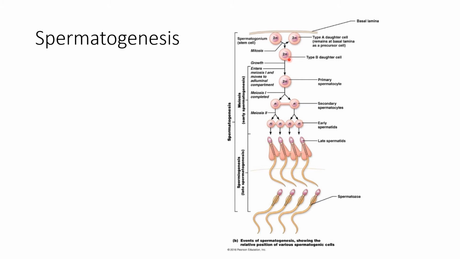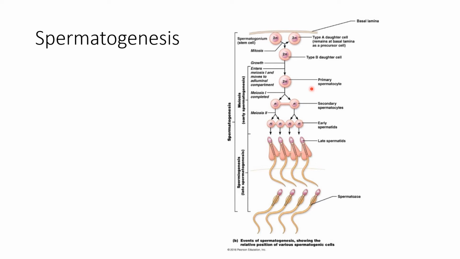Type B are going to get pushed into the lumen like I showed you in the previous image. So they're going to be pushed into the lumen and they are going to become primary spermatocytes.